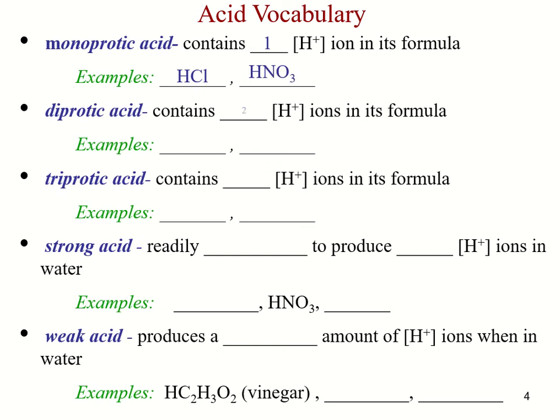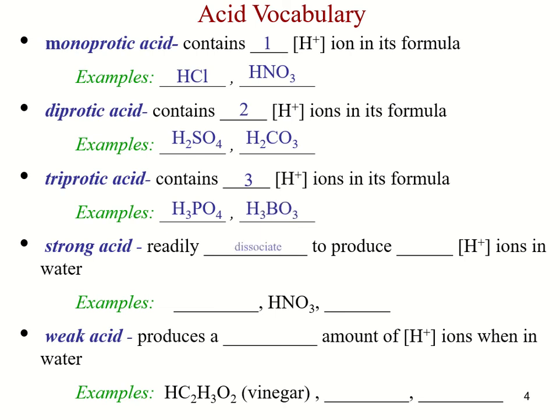Diprotic acids actually contain two hydrogens in their formula, and some examples would be sulfuric acid or carbonic acid. Triprotic acids contain three hydrogen ions in their formula, and some examples would be phosphoric acid and boric acid.